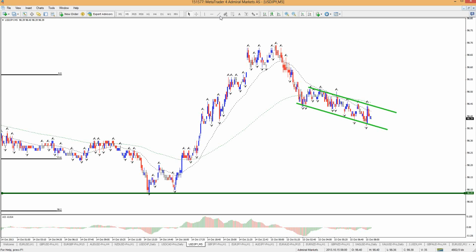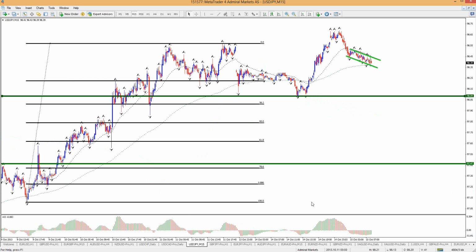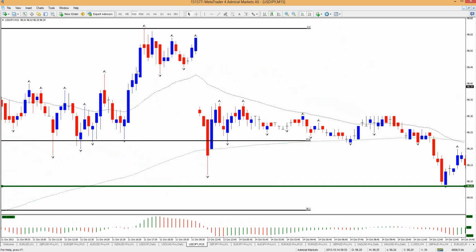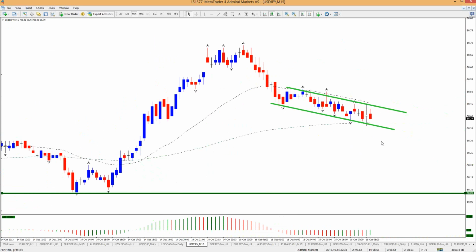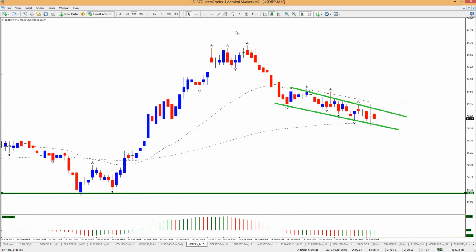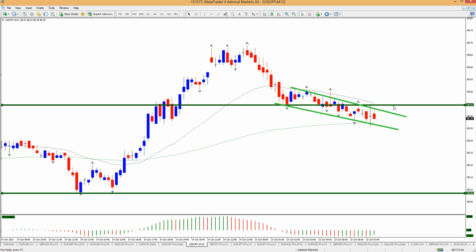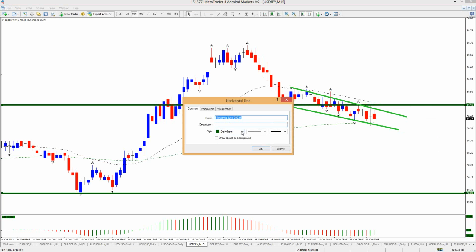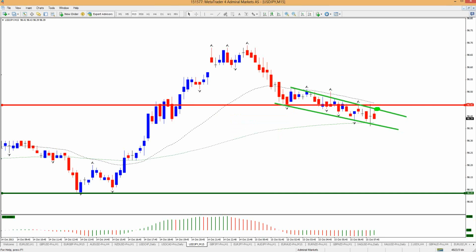Making kind of a small channel here. We can keep an eye on the 50-minute fractal, the 9850 level. It's only a 50-minute fractal, but it would indicate that we could see maybe a break to the upside. The value of the support line is 9810.